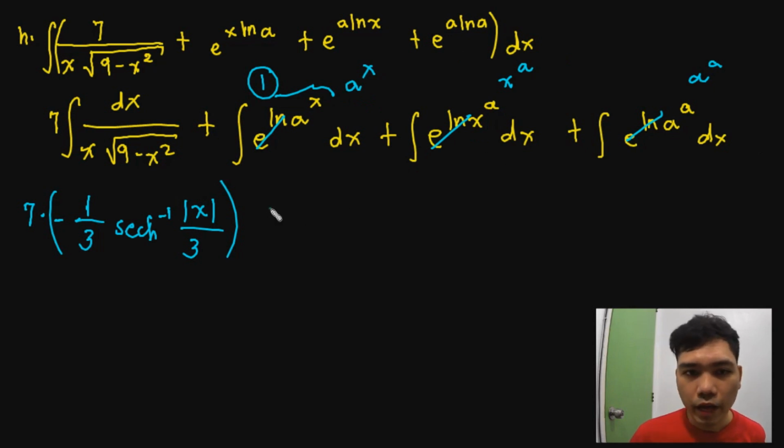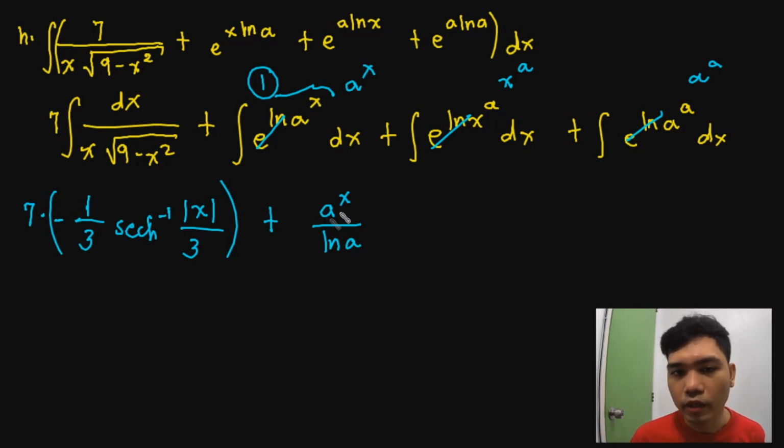So we have to add the integral of a to the x dx, which gives us the antiderivative that is actually equal to a to the x divided by ln of a, because the derivative of a to the x, remember, is a to the x times ln of a. So that makes perfect sense by simply dividing the answer by the natural logarithm of a.